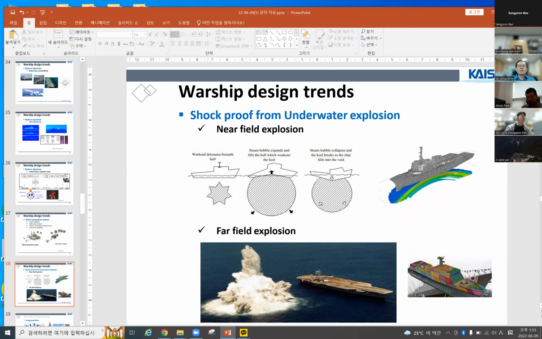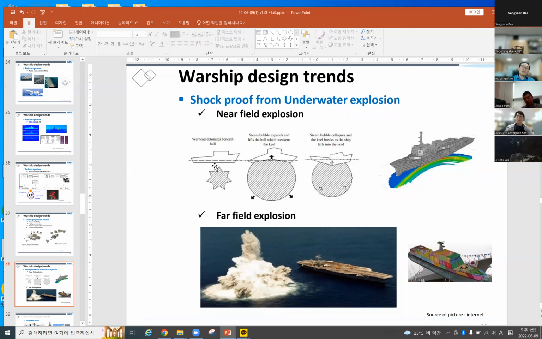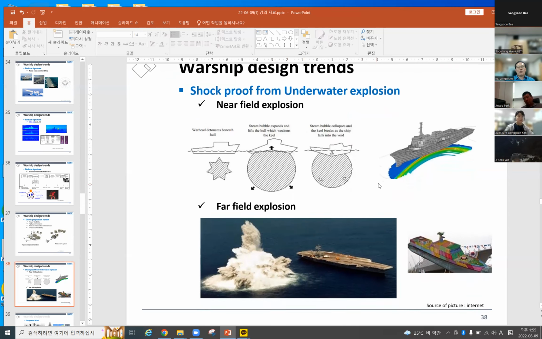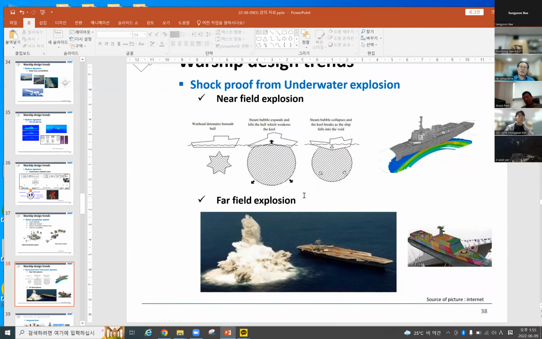As you can see, there is the void detonation, and second is the bubble effect, and due to the bubble effect the load is divided by 2. Most of this is a very severe condition, so designers do not consider this one. Most ship designers consider the far-field explosion condition.